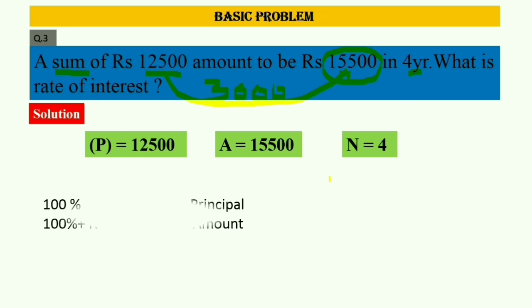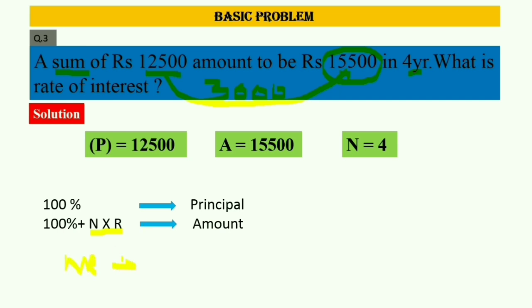Okay, so we will solve it by this approach: we will consider 100% as the principal. In the previous problem we considered N into R as the simple interest, but when we add the principal to this simple interest we get the amount. Please do understand it.